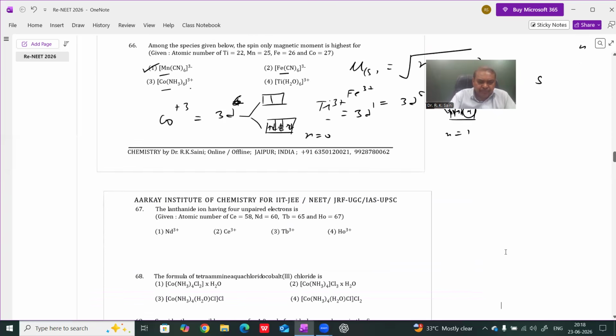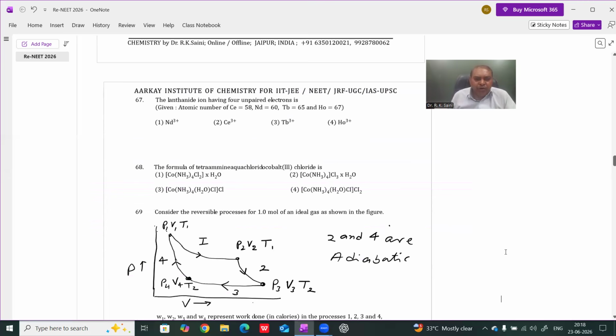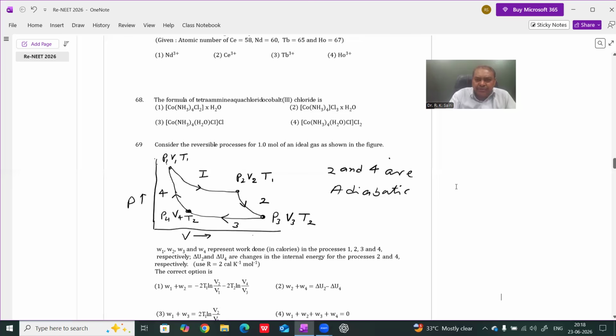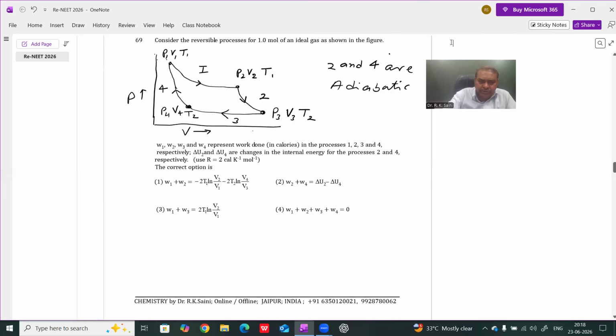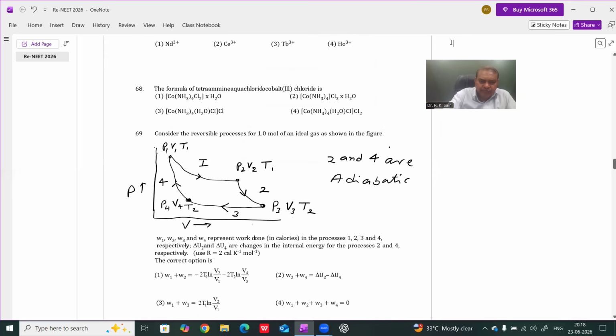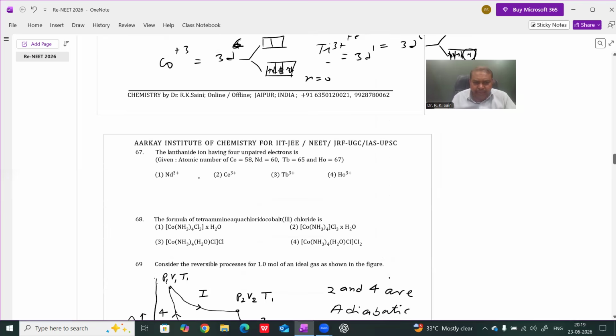Question next. 76. Taken from electronic configuration of lanthanoids. Four elements' electronic configuration. The atomic number of cerium, neodymium. Cerium, atomic number 58.